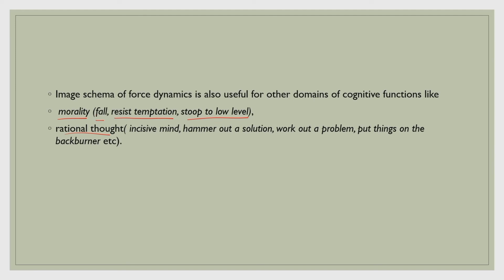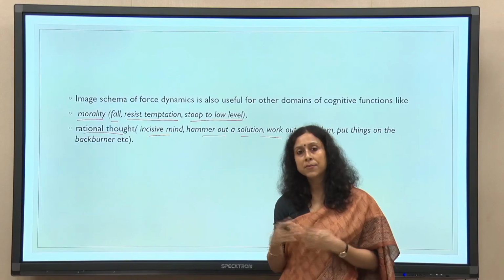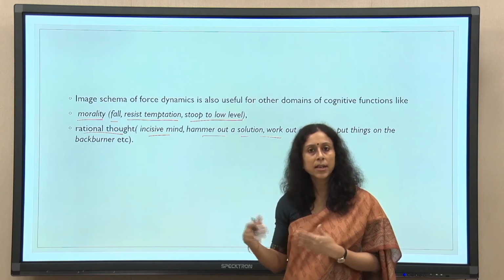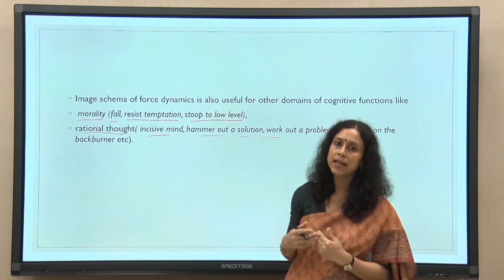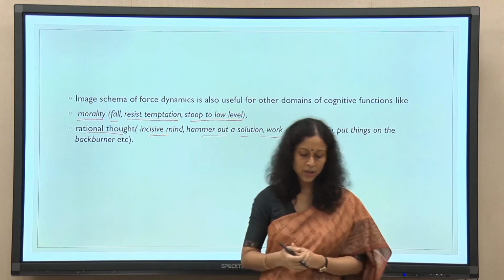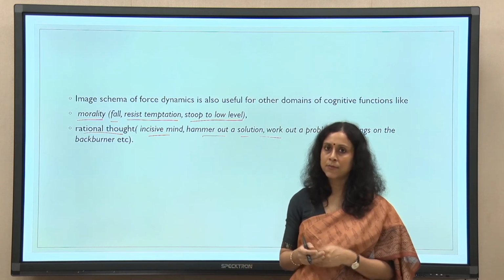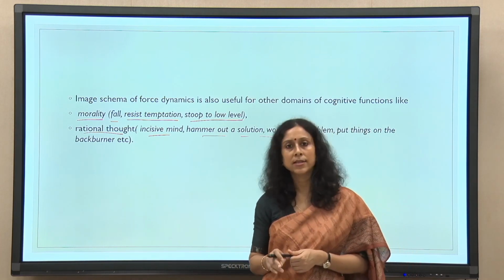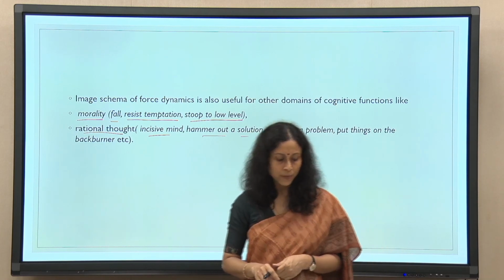Similarly, rational thought also uses various ways of looking at a scenario through force dynamics. So, this is the basic understanding of image schema in various domains of experiential, perceptual interaction of the body and the environment, and how this actually looks in language. In the next class, we will look at it in a more detailed fashion with more examples from many other domains. Thank you.